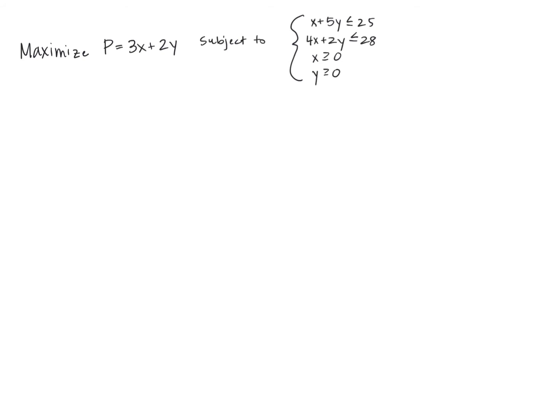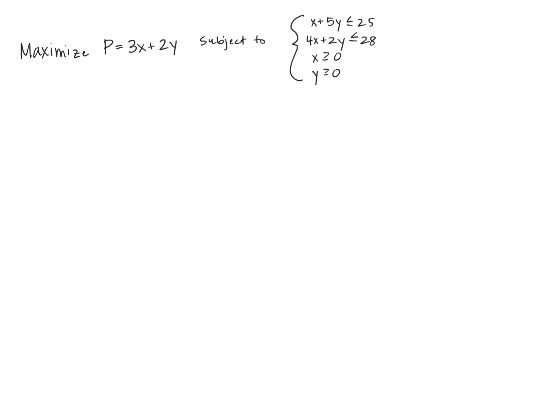Again, if we had another set of criteria, for example, something like x plus 5y plus z is less than or equal to 30, and 5x minus 10y minus z, and so on, this is an example where you would really want to use the simplex method rather than the method of corners, because it's not really feasible to graph these and figure out what's going on. That would definitely be an example where you would want to use the simplex method.